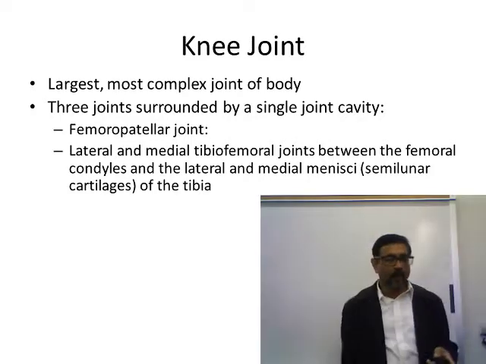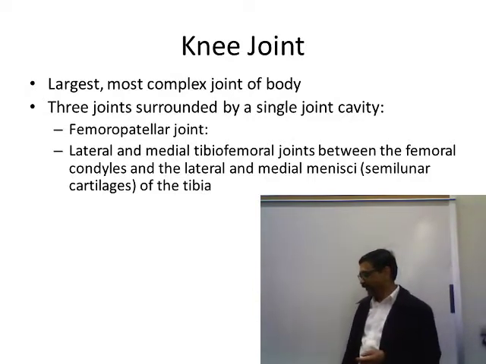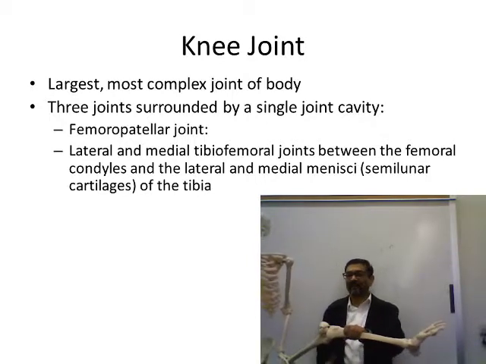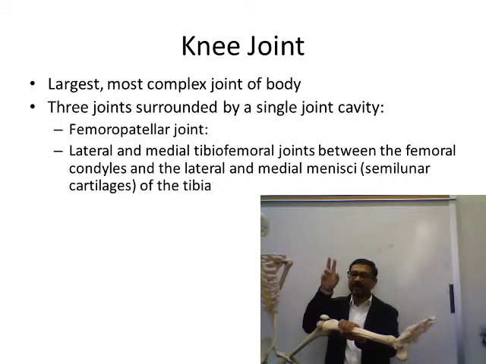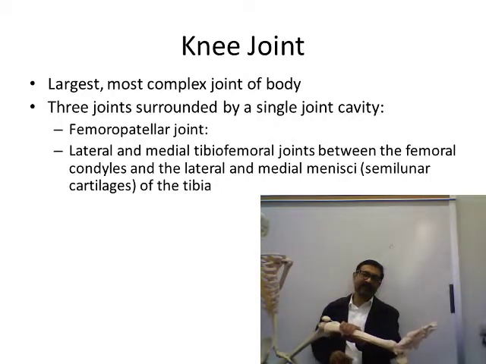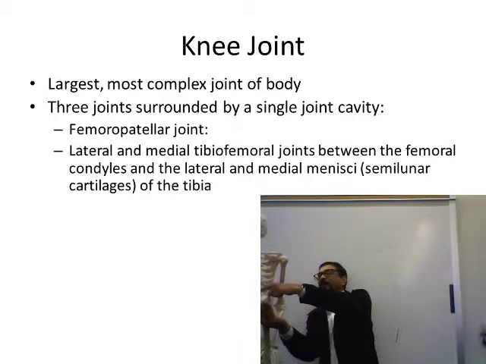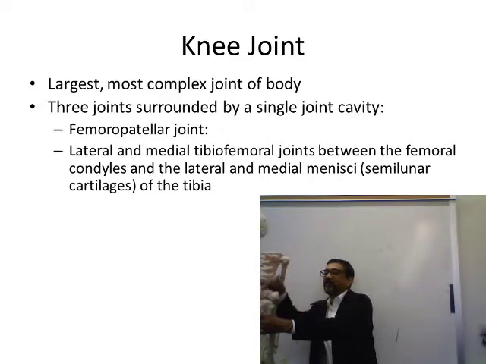Now, why is the knee joint a complex joint? Because you already know that in the knee joint you actually have a number of joints. Within the knee joint you have 3 joints. Those 3 joints together form the knee joint. Which 3 joints? The lower end of the femur has 2 condyles, right? And the upper end of the tibia also has 2 condyles.